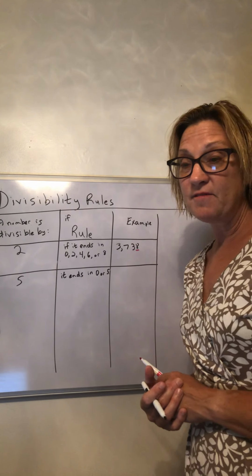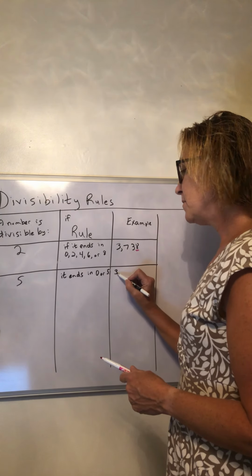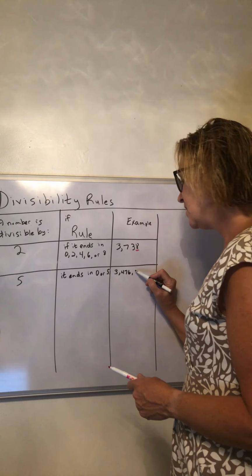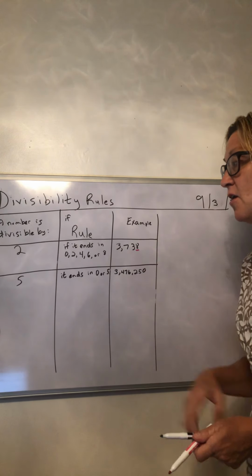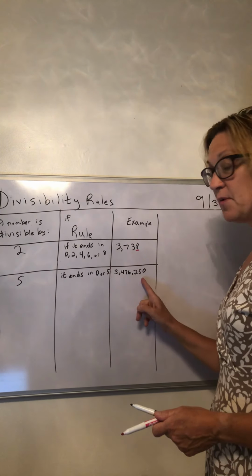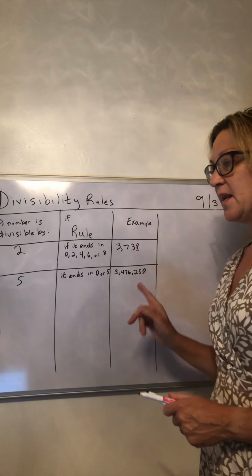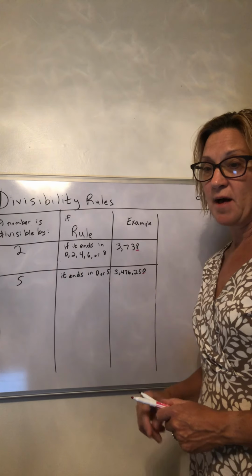An example of a number that would be divisible by 5 is 3,476,250. Now I know 5 will divide this number evenly because it ends in 0. So any number that ends in 0 or 5 is divisible by 5.